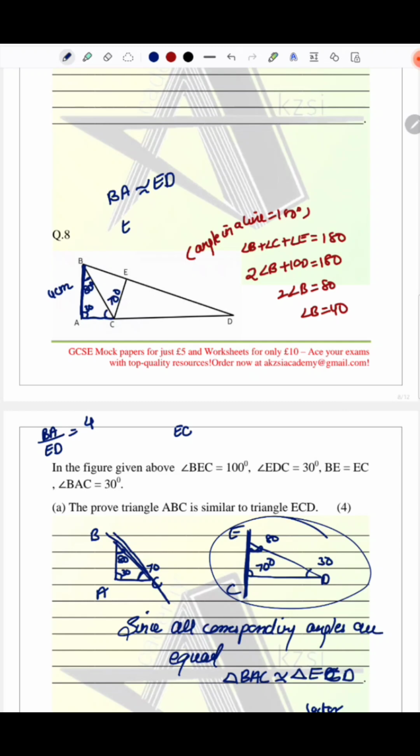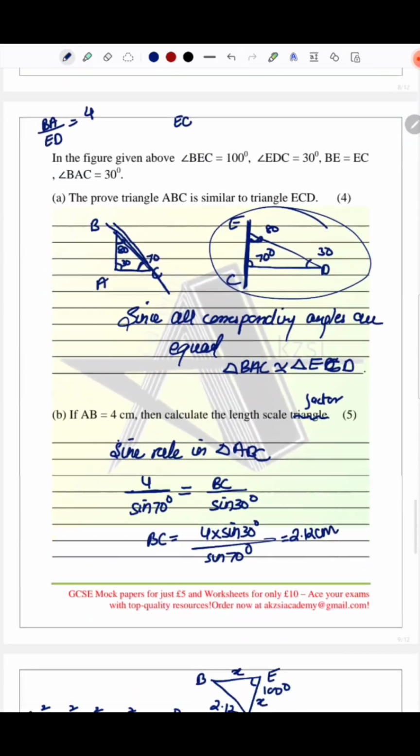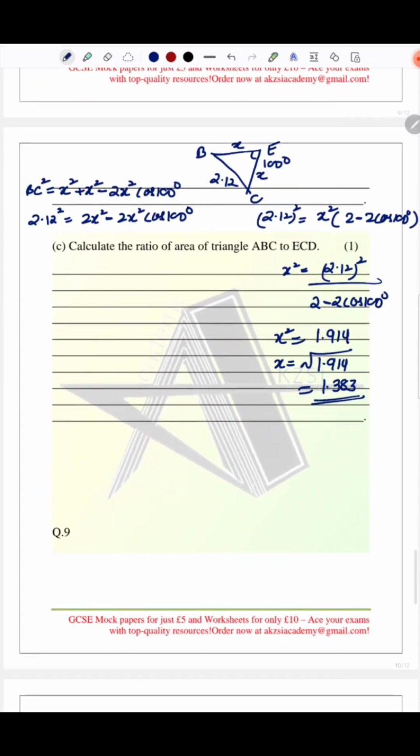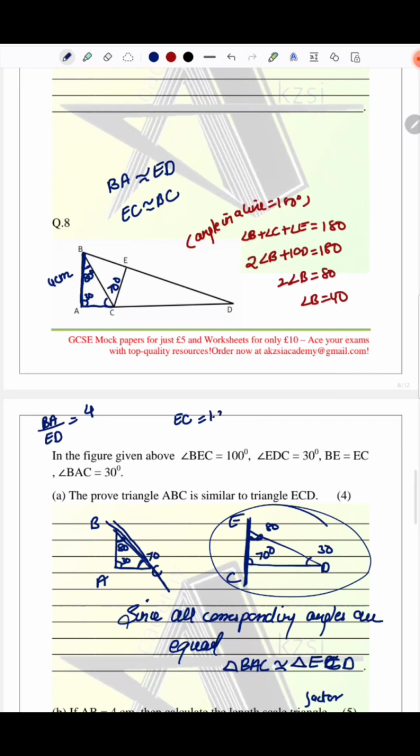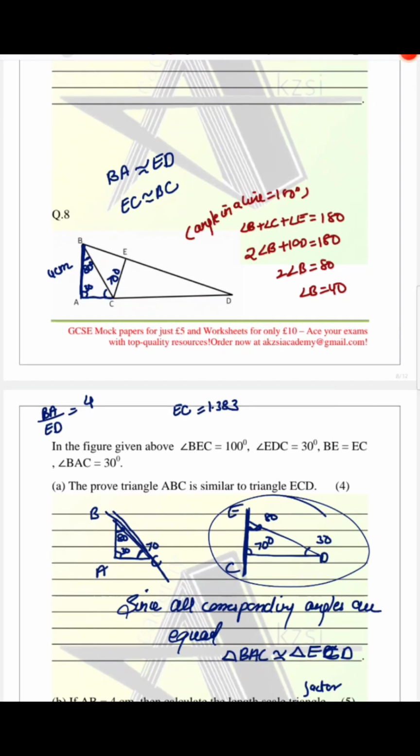So now the next corresponding sides are EC and BC. Yes, we know EC that we have just calculated, which is 1.383. So EC is 1.383 and it's corresponding to BC. So we can say that 4 over 1.383 will be the length scale factor, which is equal to 2.89.